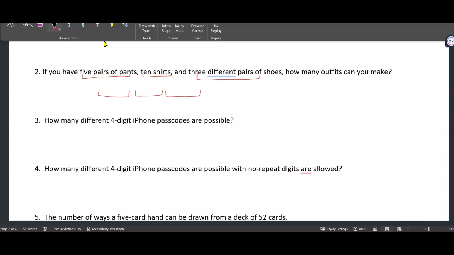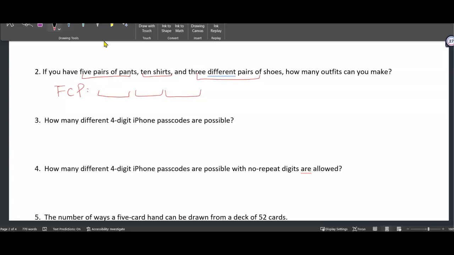So it's not from the same set. So if it's from different sets, automatically the fundamental counting principle is the only choice, right? Because the pants and the shirts and the shoes are different sets. I'm not going back to choose another pair of pants or another shirt. Shirt is not pairs.